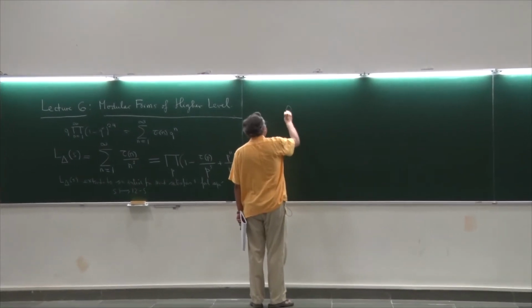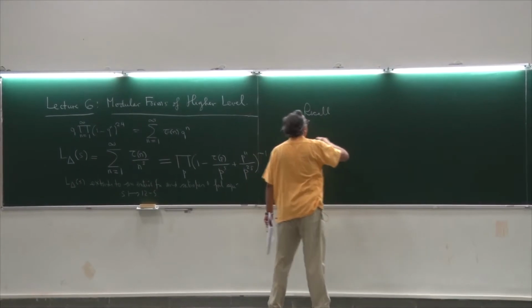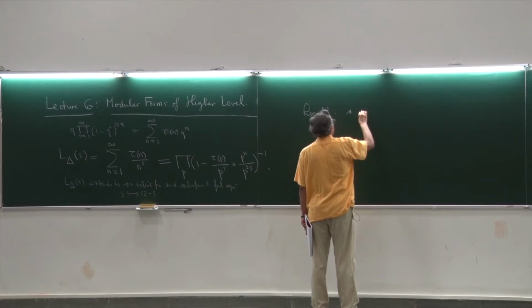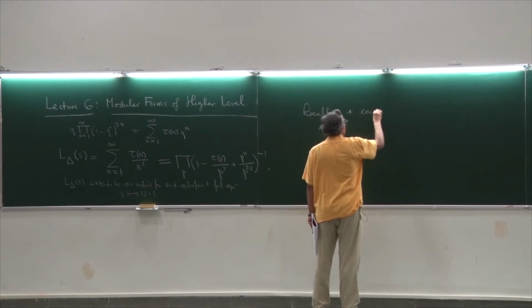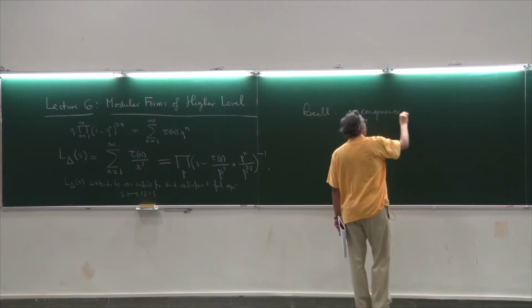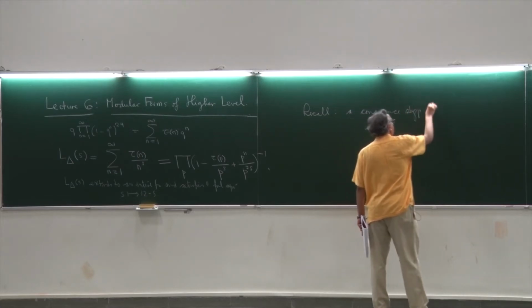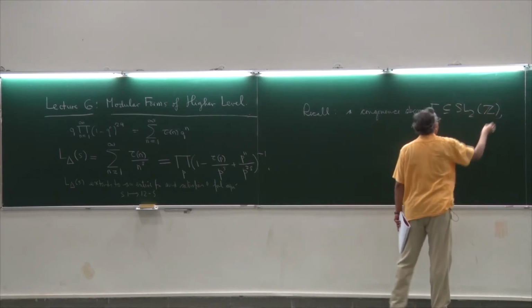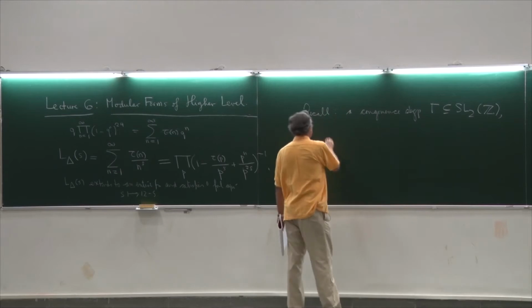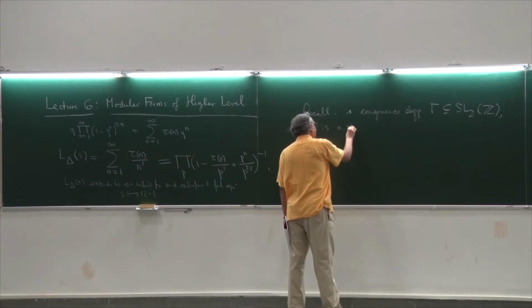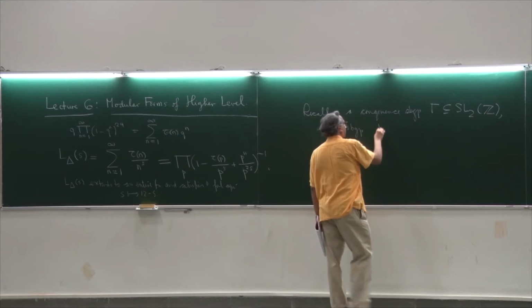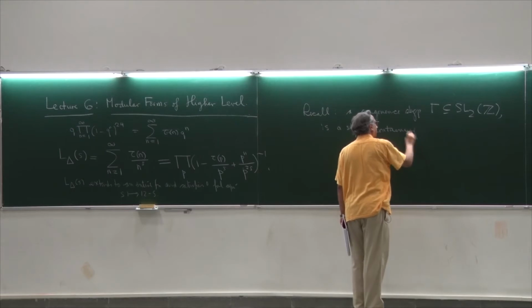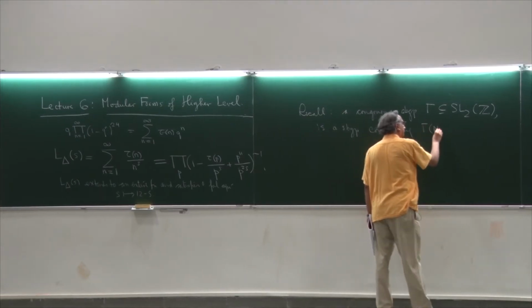So recall a congruence subgroup gamma is a subgroup containing gamma of n for some n.